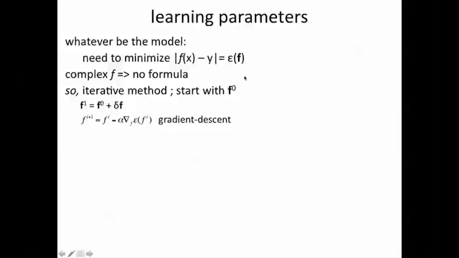String all those partial derivatives together and you'll get a vector which is just this del sub f of epsilon. That vector tells you which direction to move each component of f so as to reduce epsilon. So, for example, if the first component of f is such that if you increase it, then epsilon decreases, then you would choose to increase that component of f.